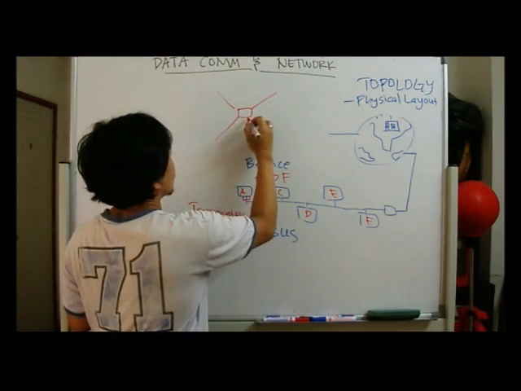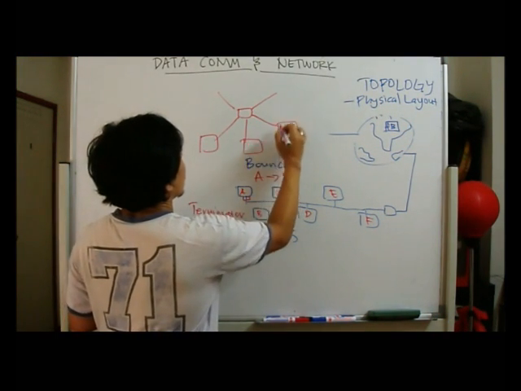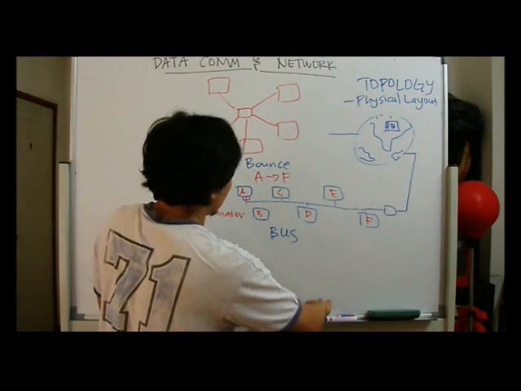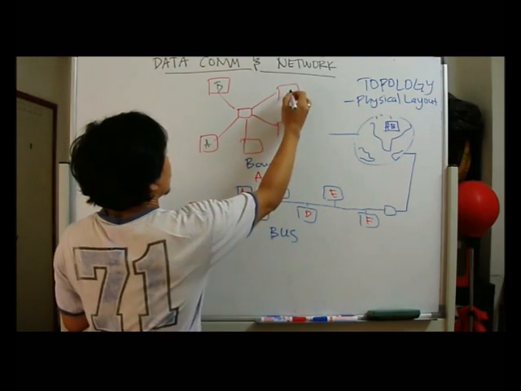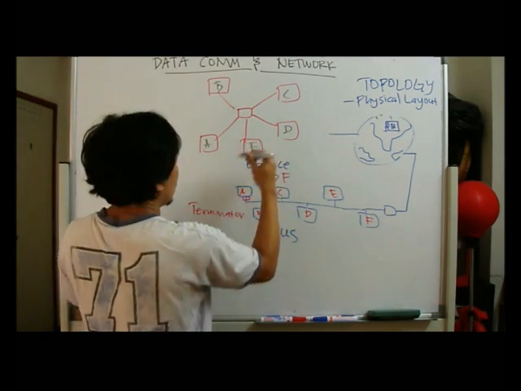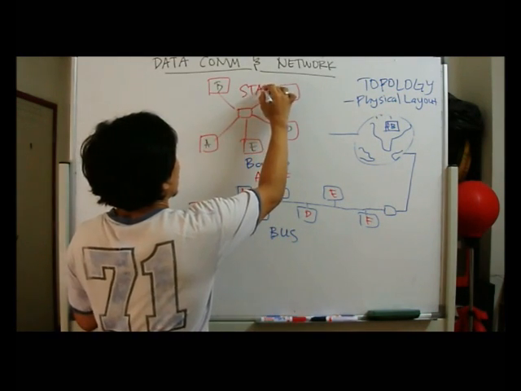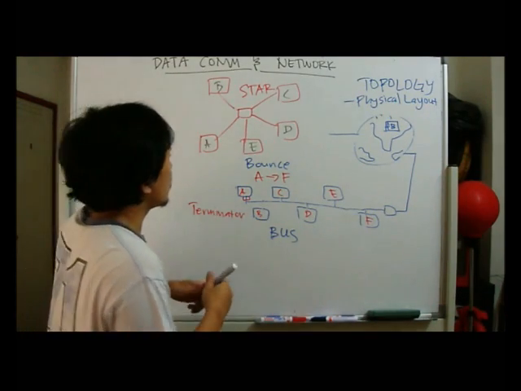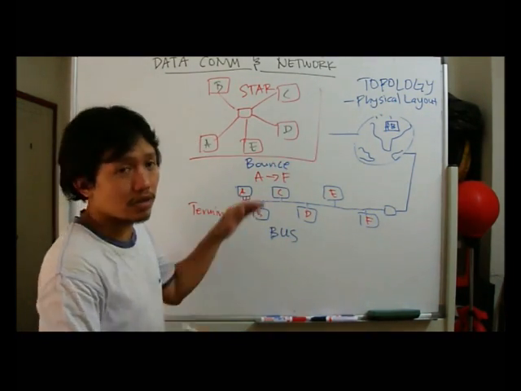This is called the star topology. With the star topology, first we solve the bouncing problem. Now it no longer bounces.